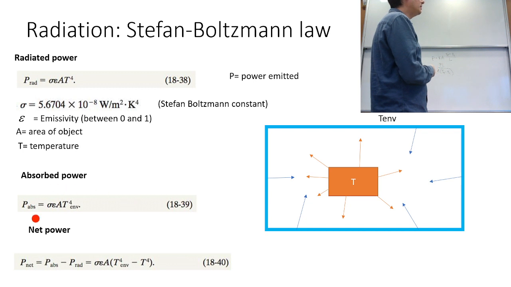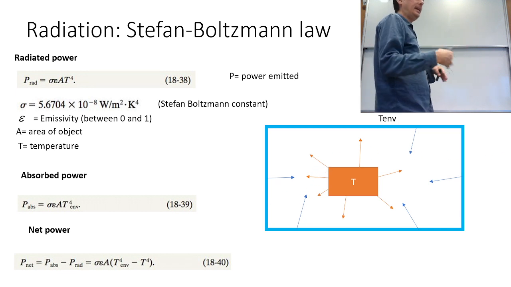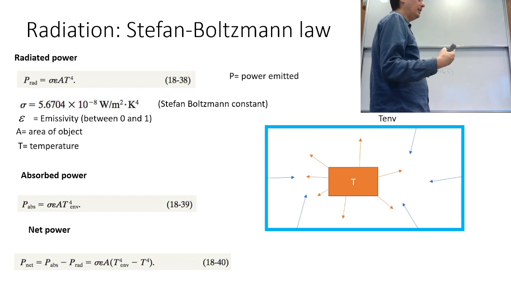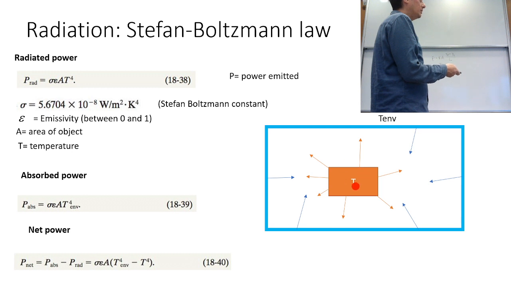But then this is the absorbed power because of the photons that are coming off the room. And then this photon might eventually hit this thing and get absorbed. So there's actually a bit of a net gain, a bit of an input power to this object. So it's not just all these photons coming off, it's actually absorbing some from somewhere else.